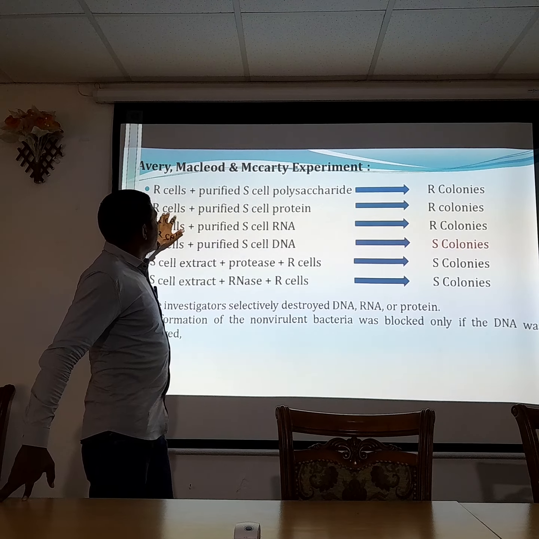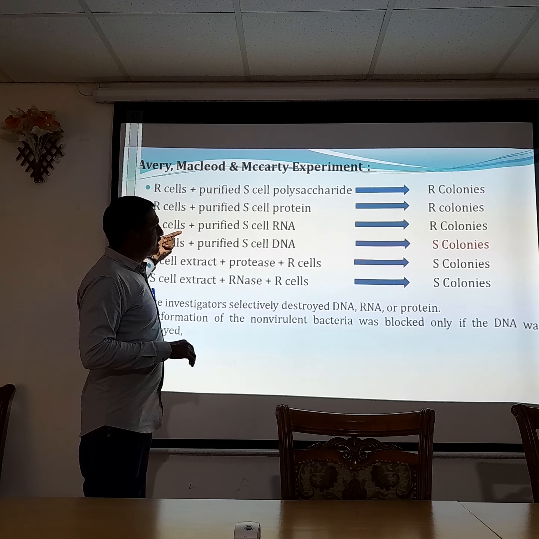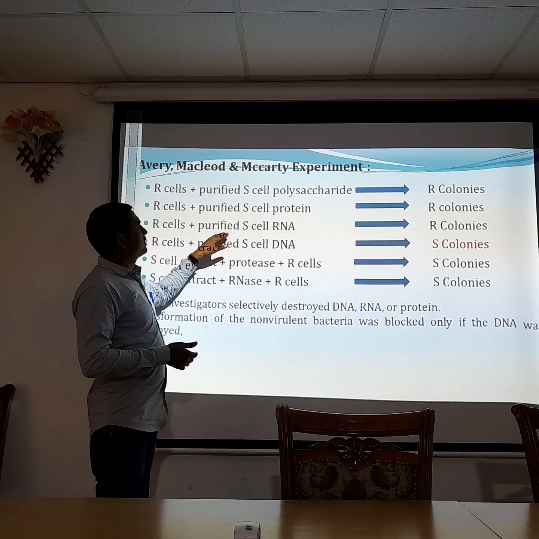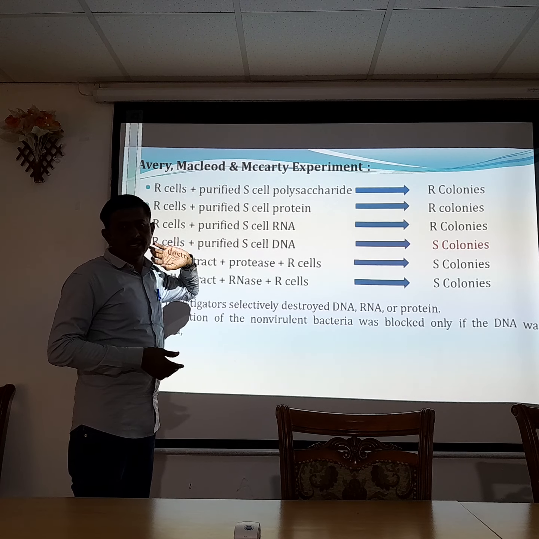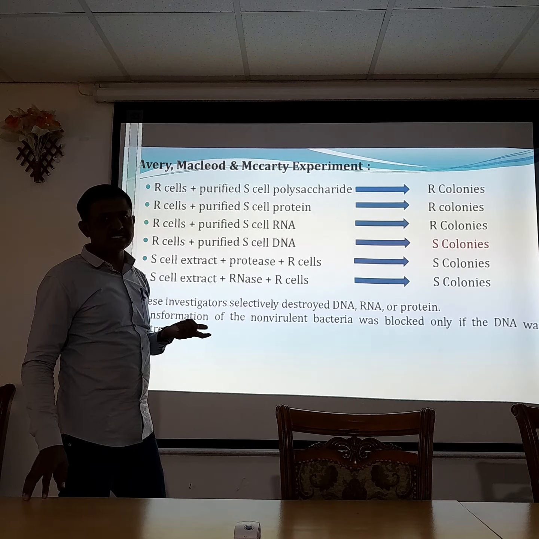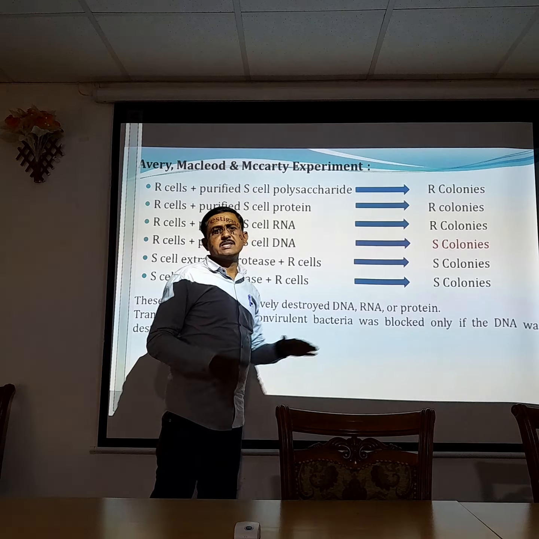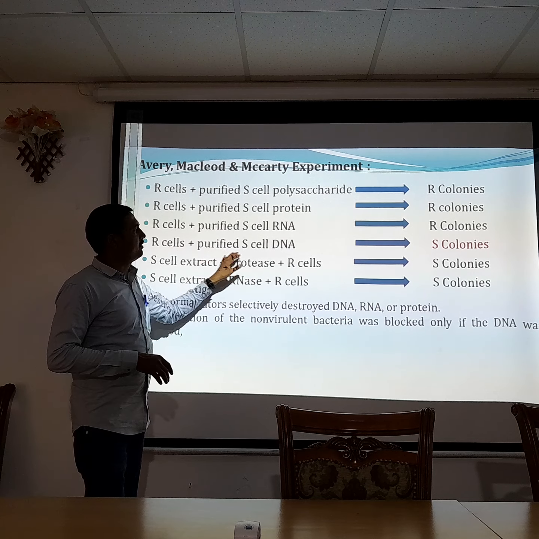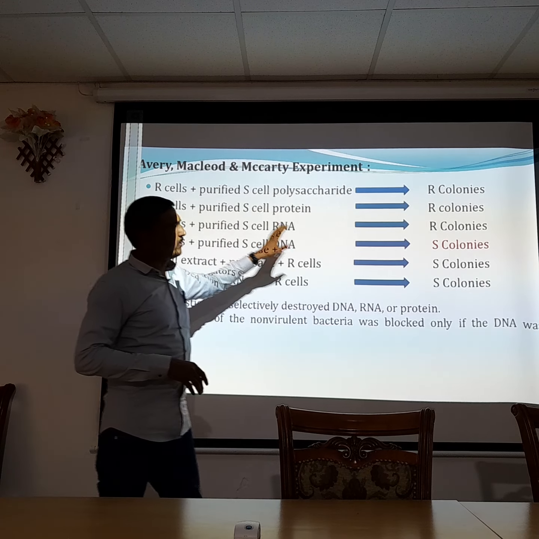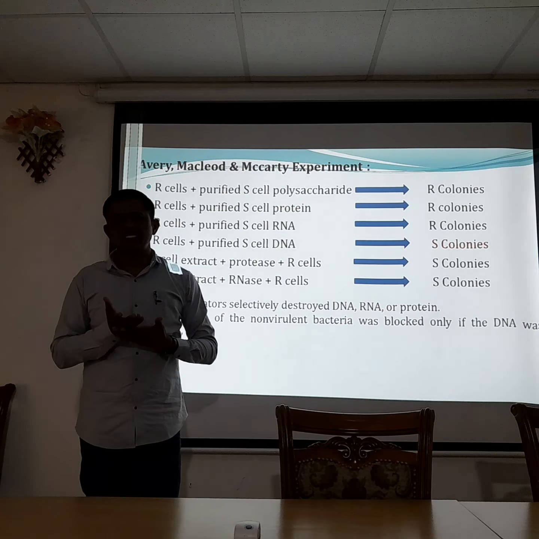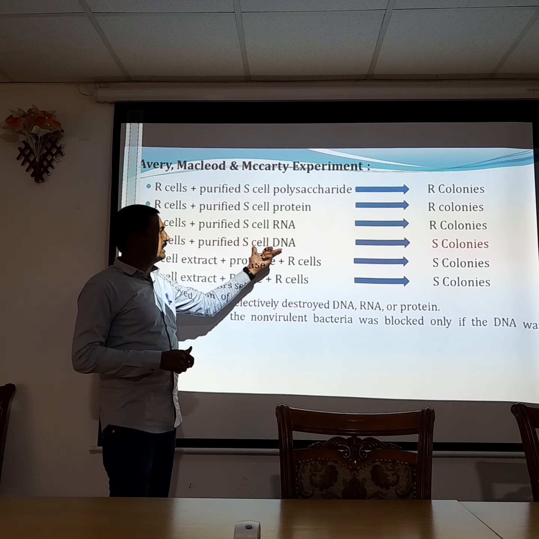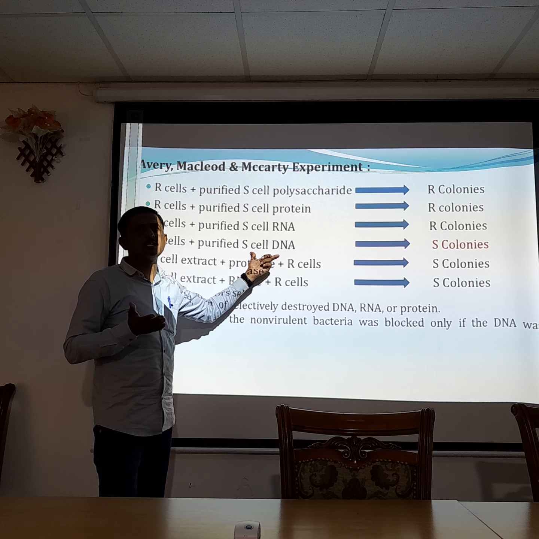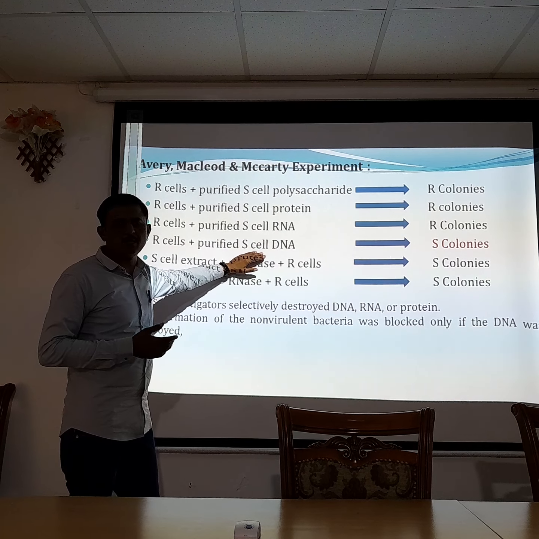Again the R type bacteria remained as they are. Third, they used R type cells plus purified S cell RNA, with the extract treated with RNase enzyme, and again the R type cells remained as they are. In the fourth stage they used R type cells with purified S type cell DNA, and found that R type cells were transformed into S type cells. That means the information transferring from S type cells to R type cells is carried by DNA.